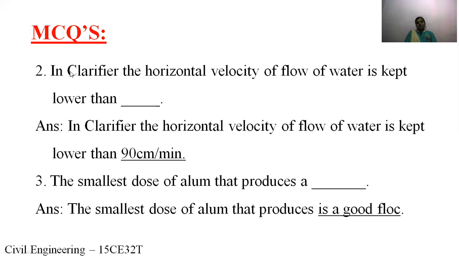Next question. In a clarifier, the horizontal velocity of flow of water is kept lower than 90 centimeter per minute.